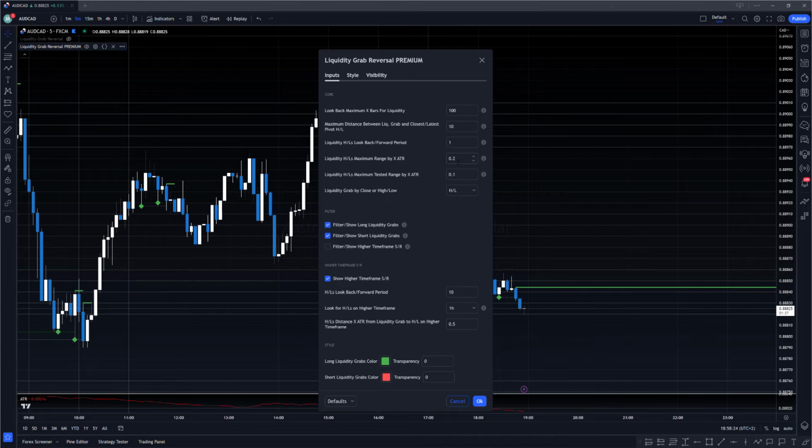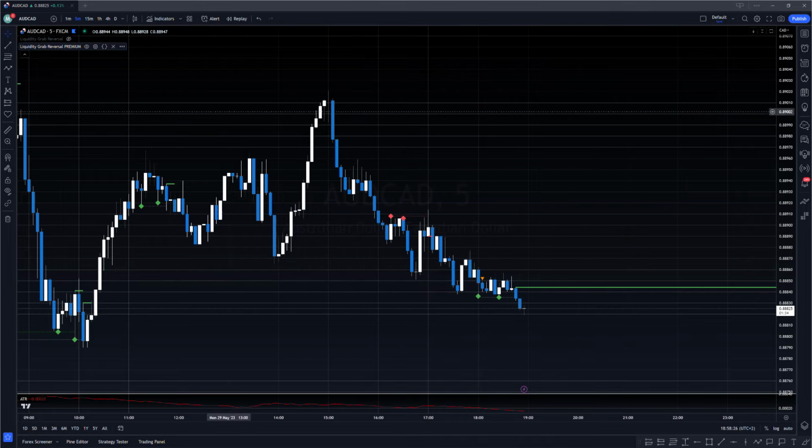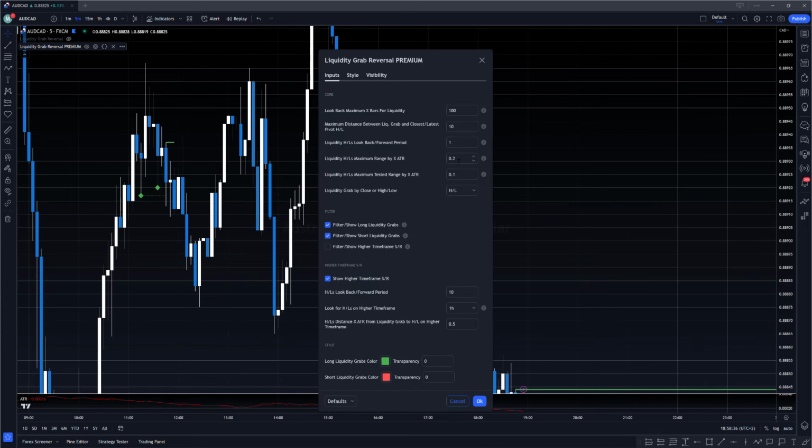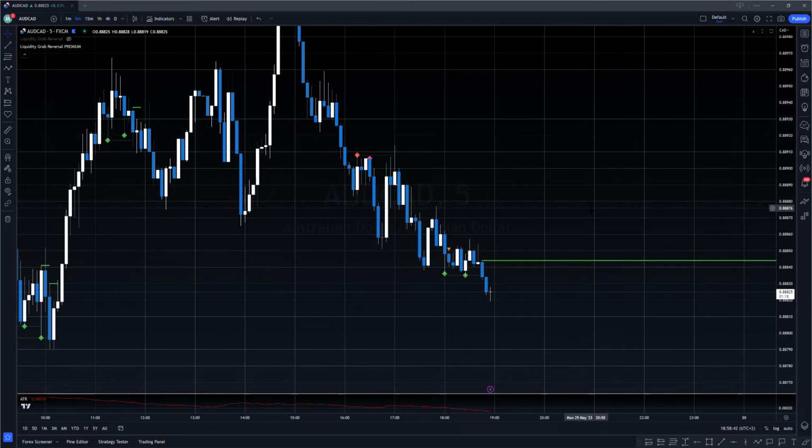What it means, so a maximum range between the pivots creating liquidity, so from this high to this high should not be more than 0.2 of the ATR. So if the ATR is, you can see it is showing here, okay?